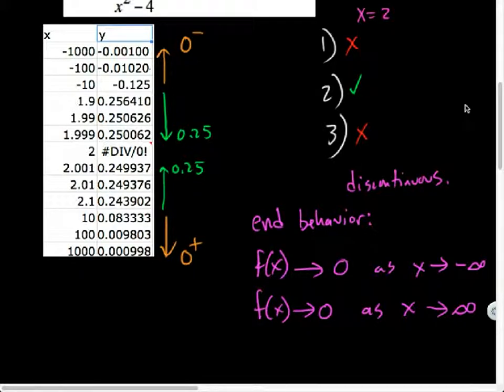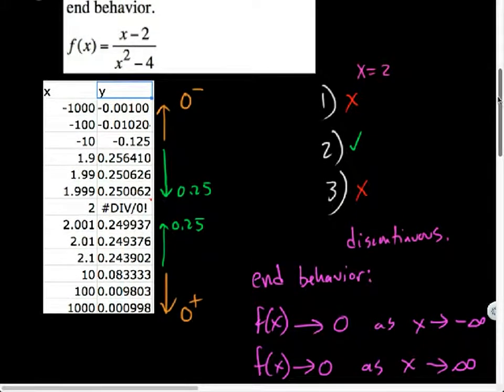And what's interesting about this particular graph is it actually has a hole in it. Because if I was to factor this part here, that's x plus 2, x minus 2.